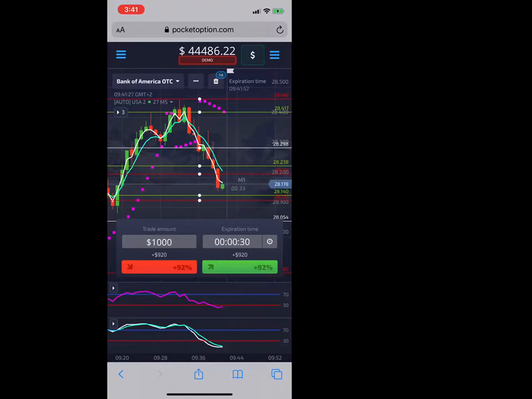That was a good enough pullback there. So now I can just sell off at this point. Sell down to the red line. See?